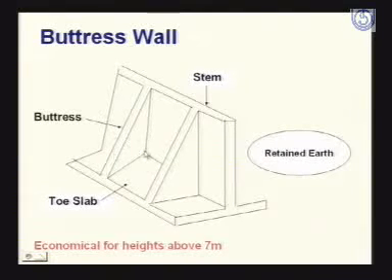But the drawback is that they do not give a good look, and the space in the front cannot be used for any other purpose because of these buttresses. So these buttress walls are less preferred in comparison to the counterfort wall. So these are the four types of our free-standing retaining walls.